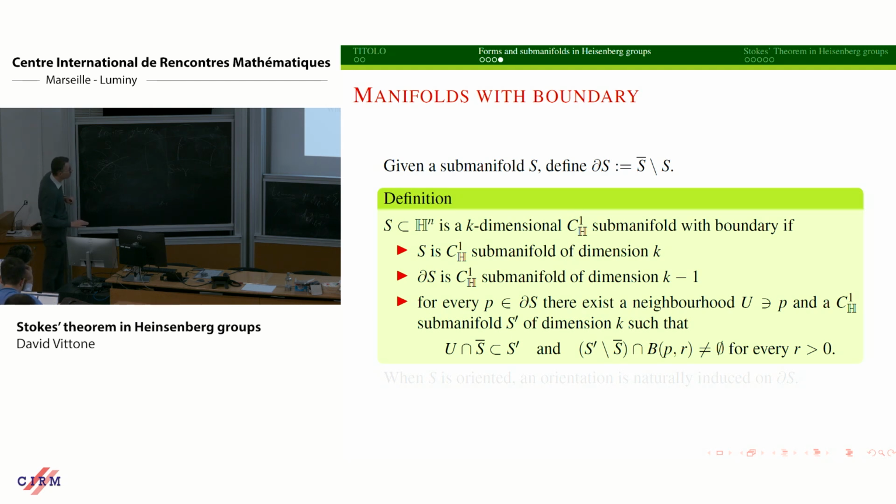So the idea of that definition is that around points P on the boundary, we are always able to extend the submanifold a little bit, to get locally a submanifold S prime. S prime would be something like this. And essentially the boundary is dividing S prime into two components, one of which is S.